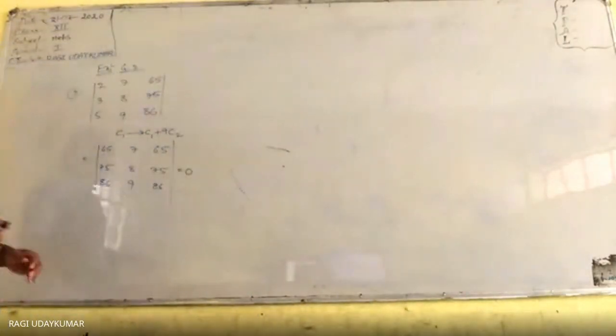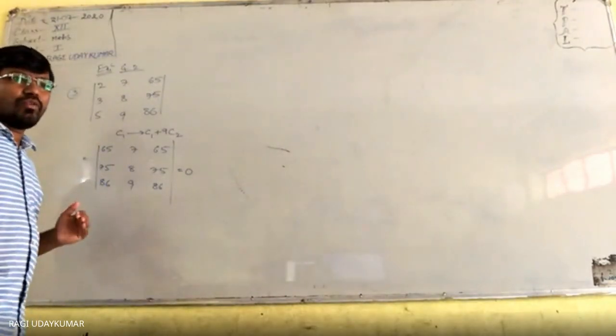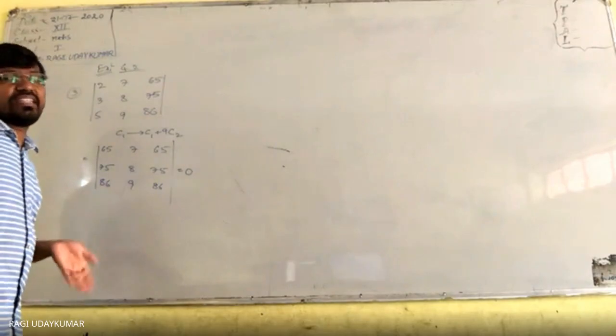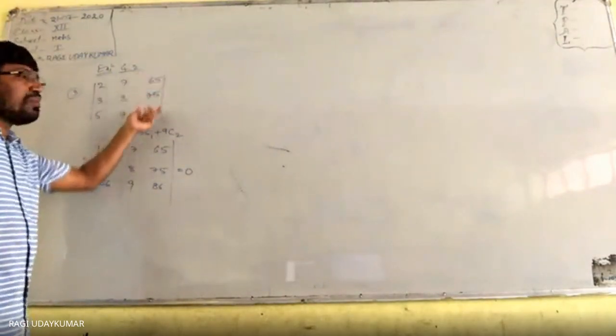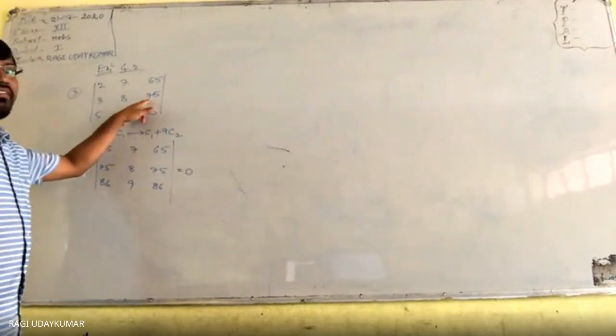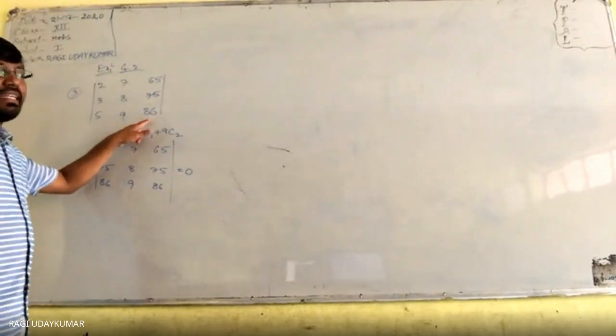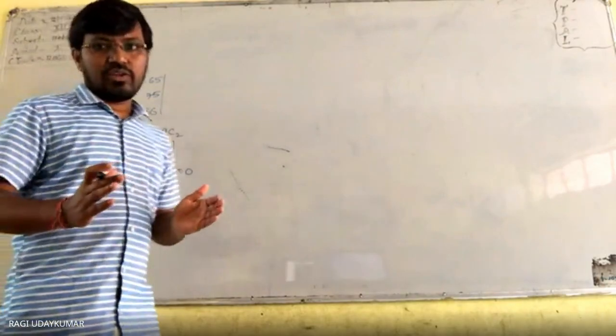What I did here in the previous problem is the same logic. But here we do it in two steps. In the last class I told you to split this as 63 plus 2, 3 plus 72 and 5 plus 81, into two matrices.